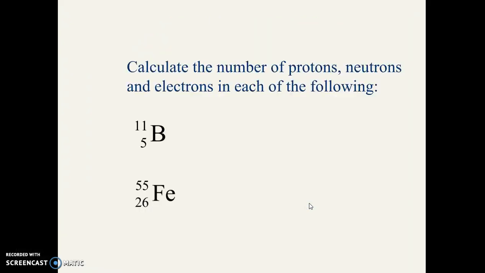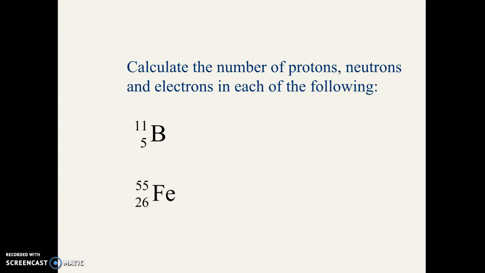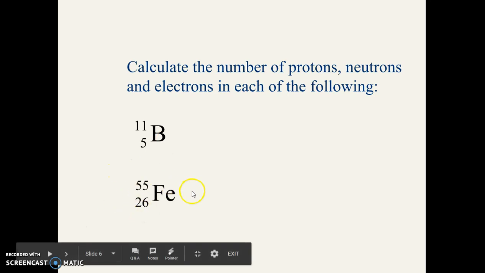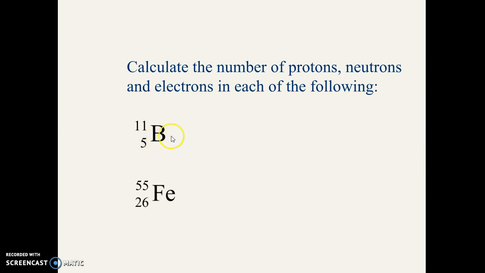So if we were to go through and do these examples of calculating the number of protons, neutrons, and electrons in each of the following, I think we'll review these in class, but I want to go through how to do this, and we'll see if you can figure out the second one. If we remember, the top number is mass, the bottom number is the number of protons. So how many protons does this have? Well, it's boron. It is number 5 on the periodic table. That tells me it has 5 protons.